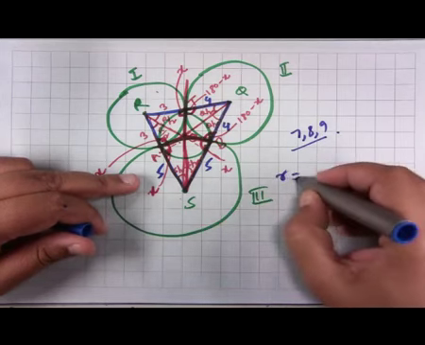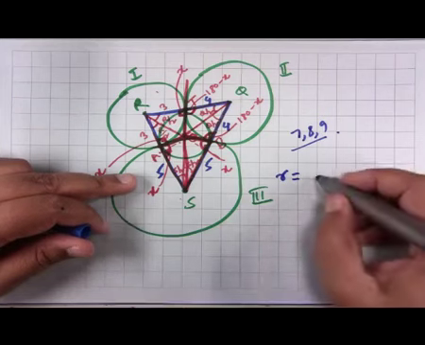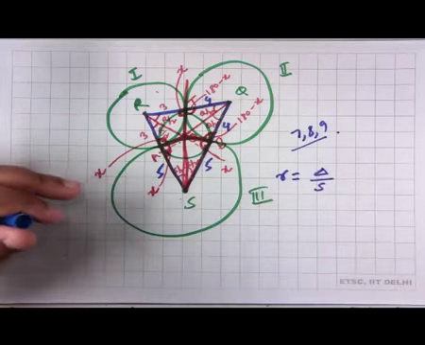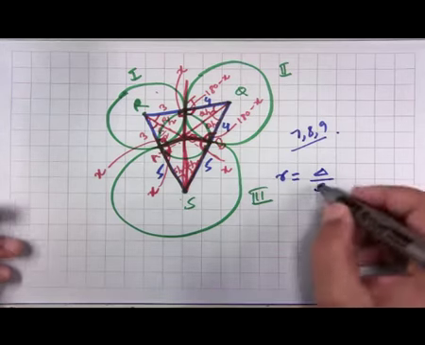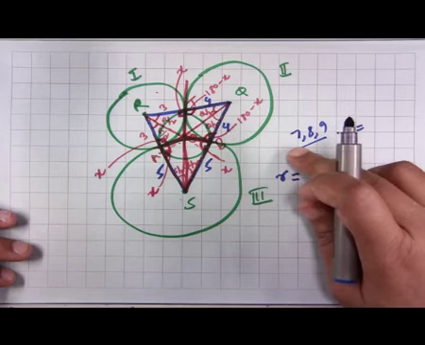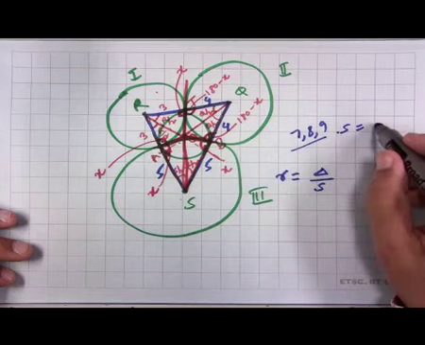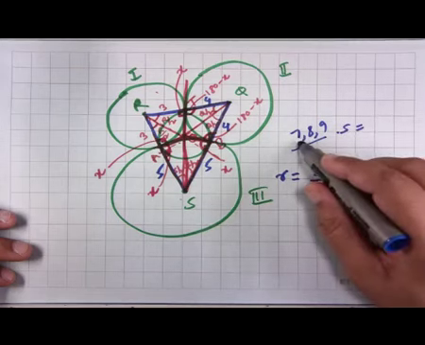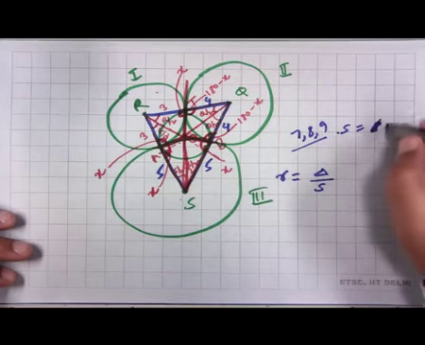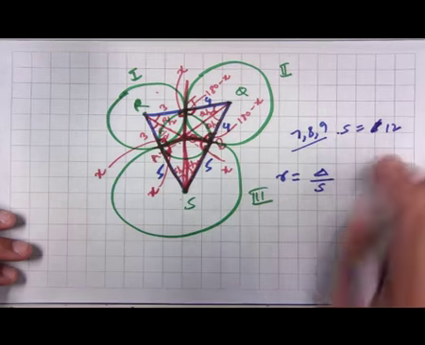The formula for the inradius is the area divided by the semi perimeter. The semi perimeter is half of the perimeter, which will be equal to 12.